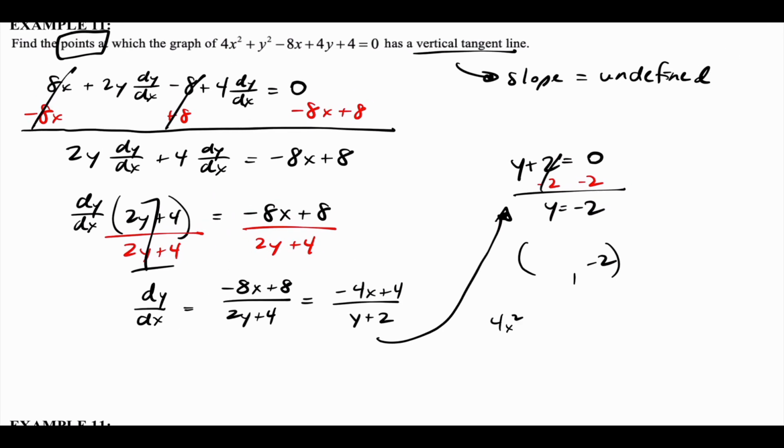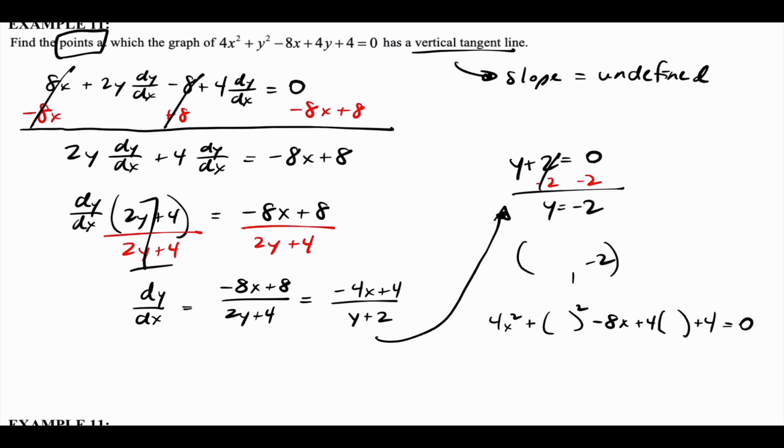So 4x squared plus y squared minus 8x plus 4y plus 4 equals 0. Everywhere there was a y, I'm going to plug in negative 2, and I'm solving for x.